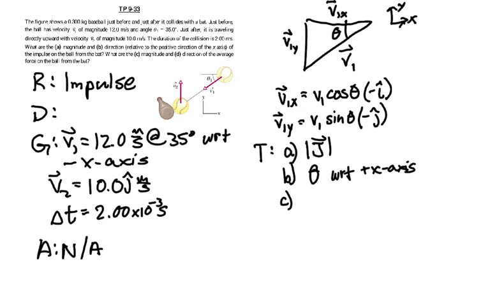Part C and D is to find the magnitude of the average force on the bat and the angle also with respect to the positive x-axis.